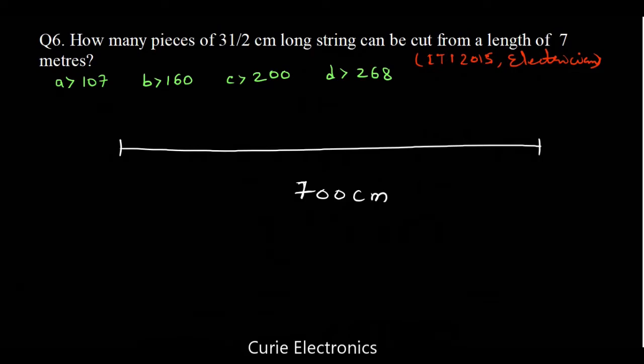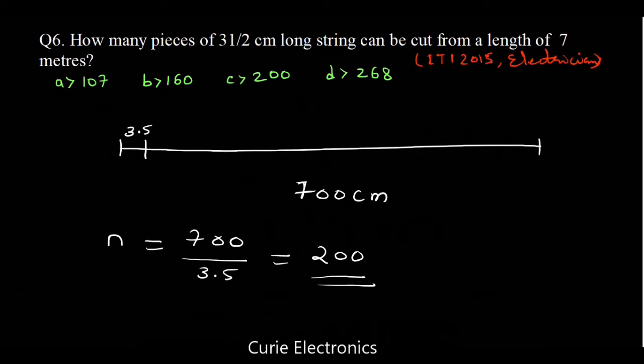We want to cut 700 centimeter into pieces, and each piece length is 3.5 centimeter. Now you can find the number of pieces, n equals 700 upon 3.5. You will get 200. So you can cut 200 pieces from this. Option C.